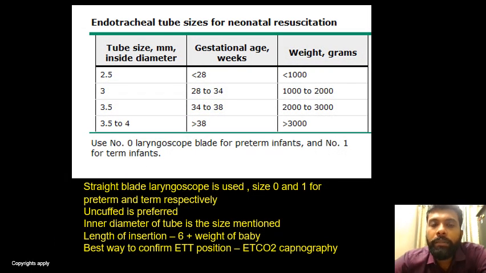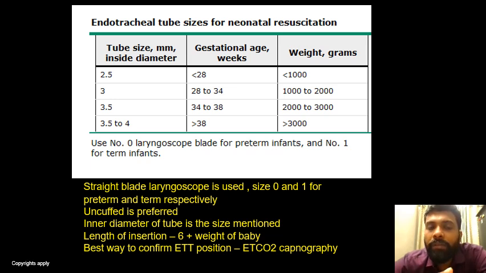So the ET tube sizes and appropriate gestation age and weight categorization we already mentioned. But a few points that you should know is that a straight blade laryngoscope is used, and we always prefer ET tubes that are not cuffed. Uncuffed ET tubes are preferred for newborns, and the inner diameter of the tube is always the size mentioned.